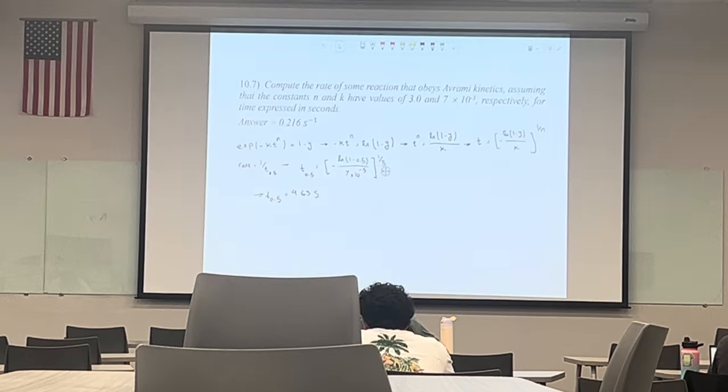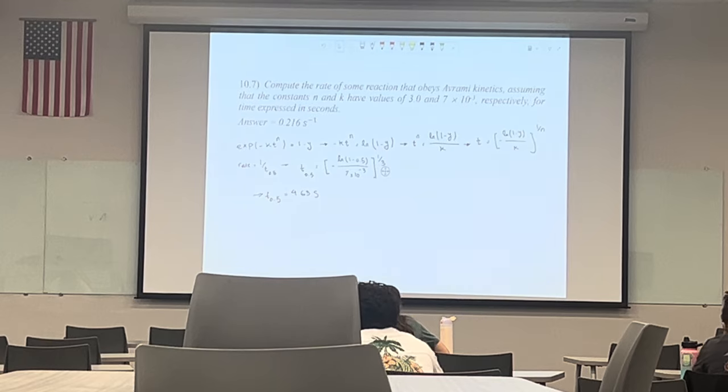But again, we have an exponential form that we want to make kind of linear. But in this case, we want to solve it for t, because we are looking for this t half. So we have all the other parameters. We are given the value of n and the value of k. And we know this is going to be half because we are looking for t half.